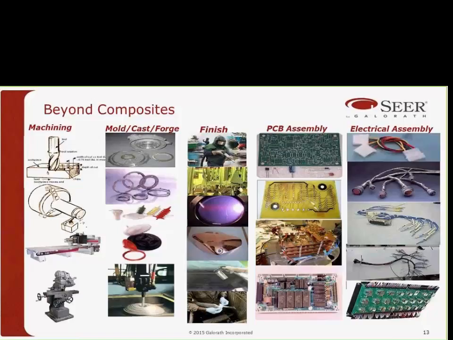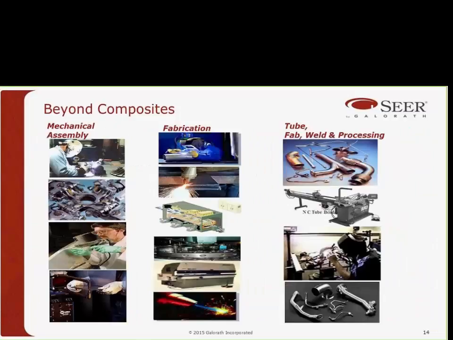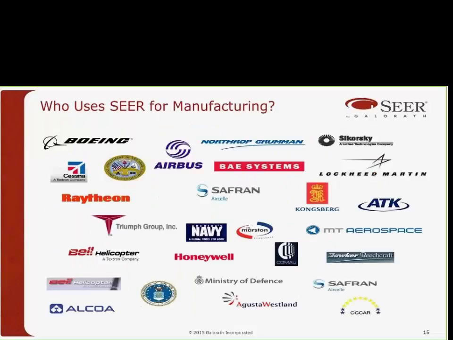We have PCB assembly, where you can model the fabrication and assembly of PC boards. Additionally, electrical assembly, cables, harnesses, detailed harnesses, multiple branches, and the like. Mechanical assembly for bench type assemblies, and there's even a dedicated tube fabrication, weld and processing model for complex tube assemblies, all part of the standard SEER for Manufacturing model.